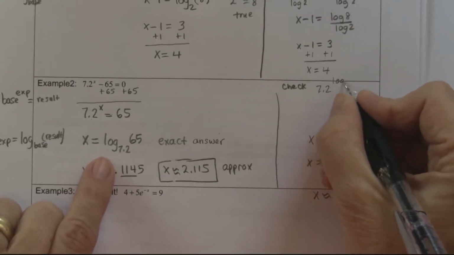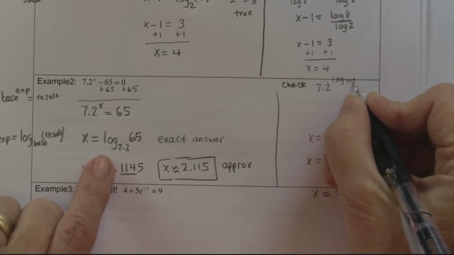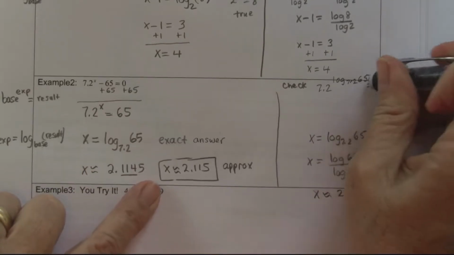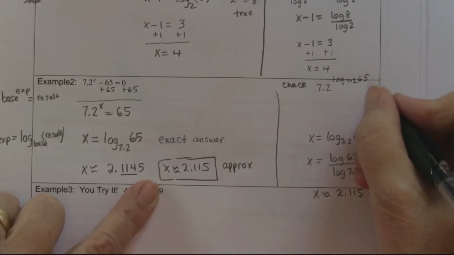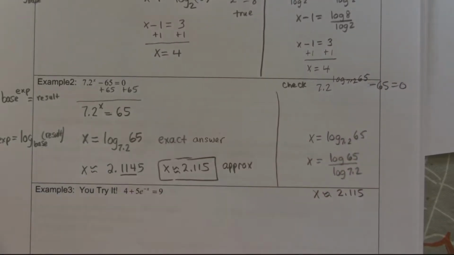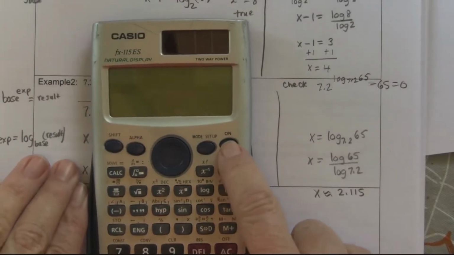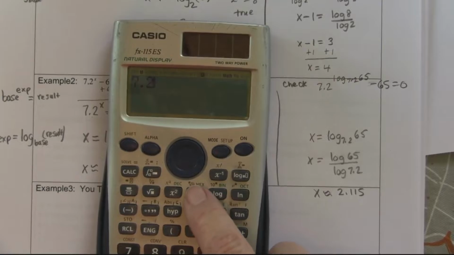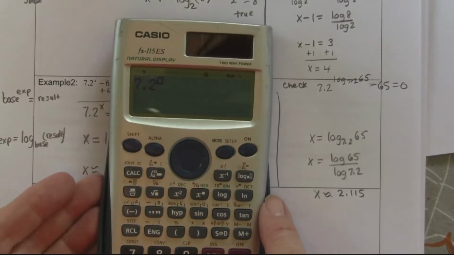So that's log base 7.2 of 65, equals, minus 65 equals 0. So I'm putting that in, and I'd like to use the exact value. So this is 7.2, and then I want to raise to, and then what do I want to raise to?